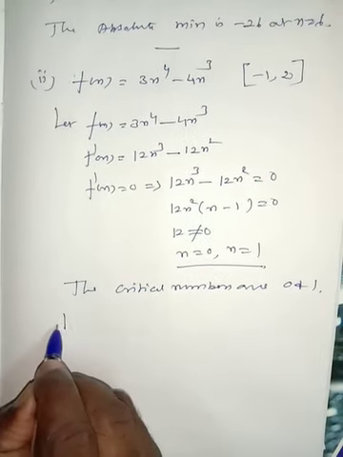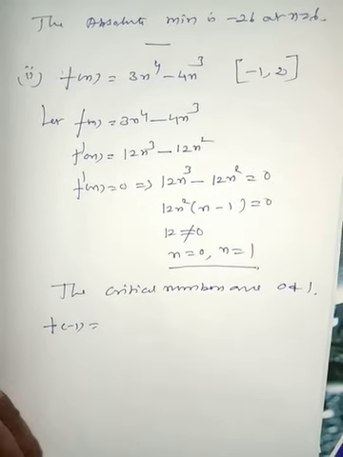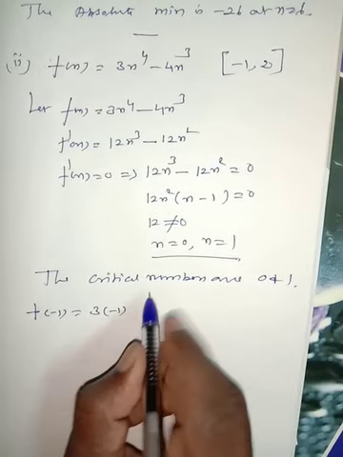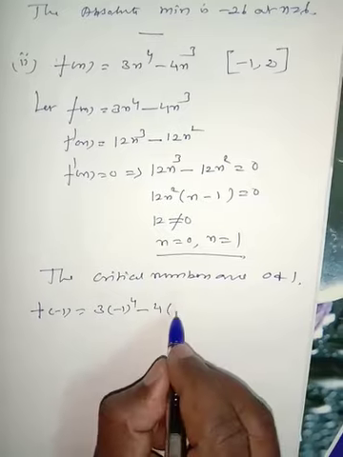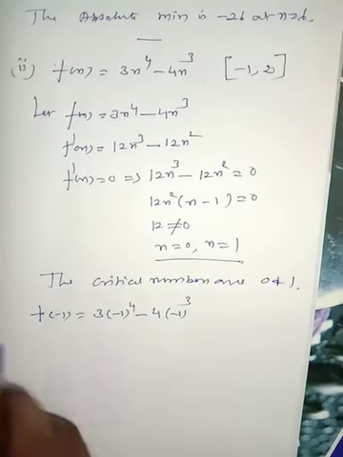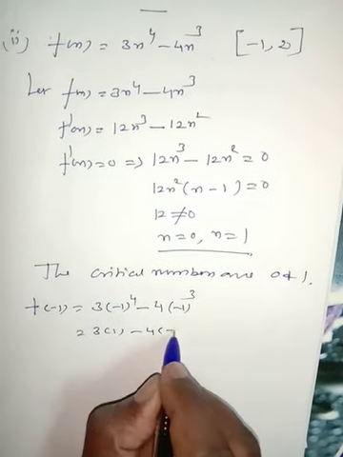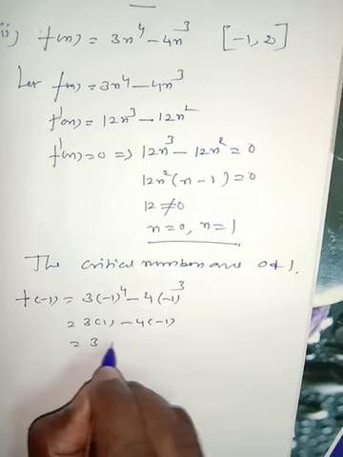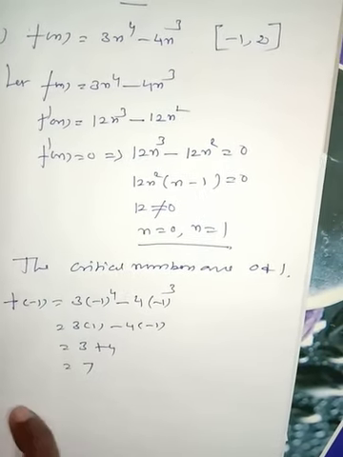First, f of minus 1 is equal to 3 into minus 1 whole to the power of 4 minus 4 into minus 1 whole to the power of 3. This means 3 into 1 minus 4 into minus 1. So 3 minus of minus, positive 4 is equal to 7.